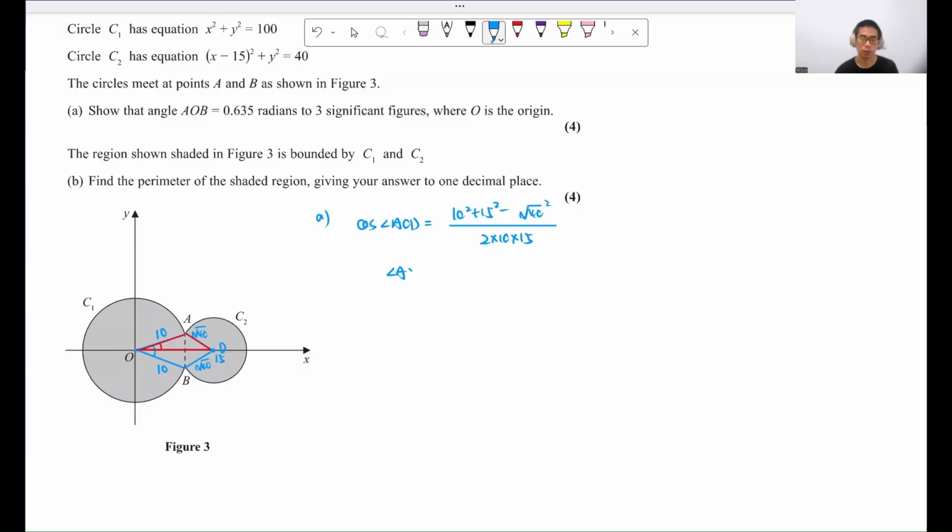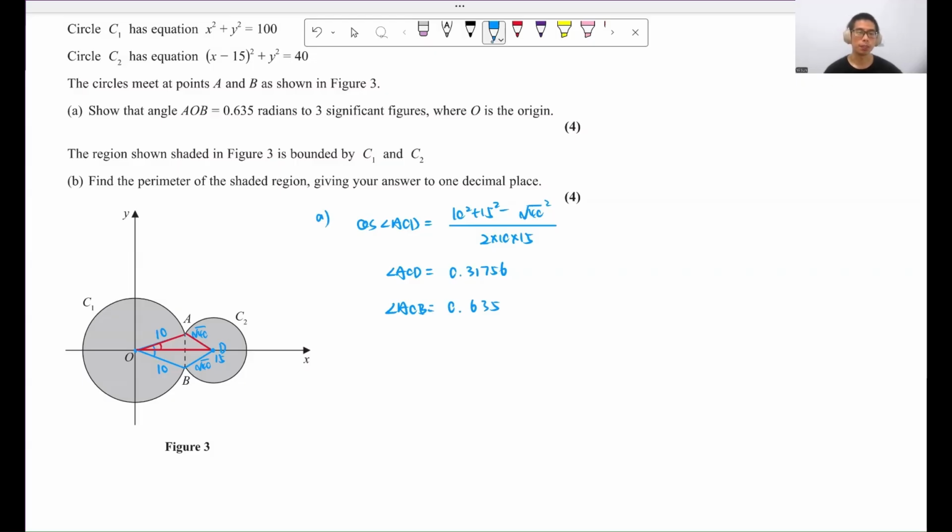So angle AOD is just cos inverse of that, which is 0.31756. So angle AOB is double of that, times by 2, which is 0.635. It has 3 significant figures, so that's it, 0.635.